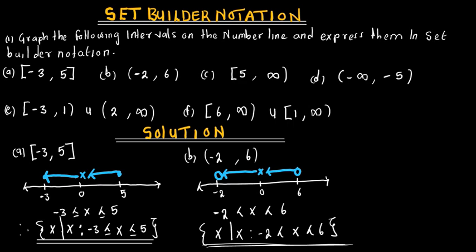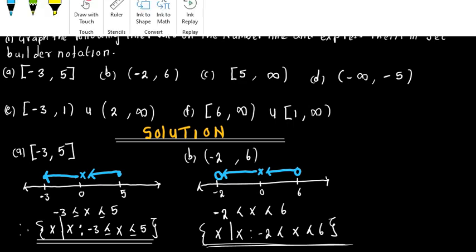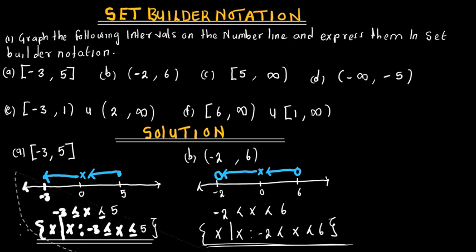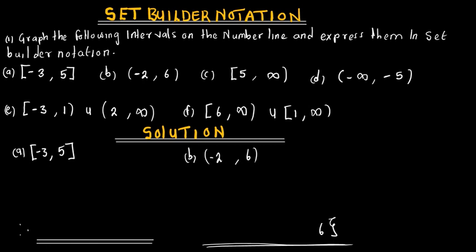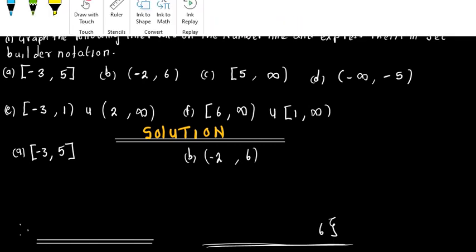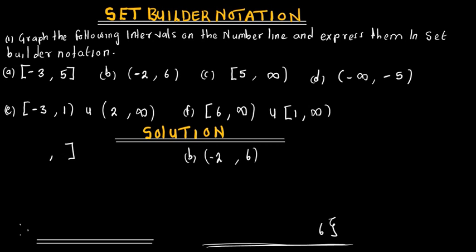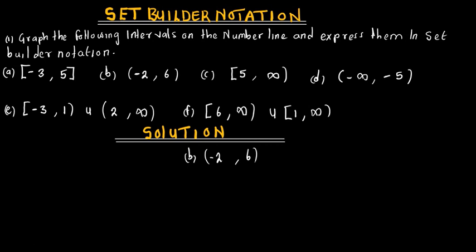Let me just wipe the board so that we try out the others. This is very simple. If you want to try out C, pause this video and try to solve it.